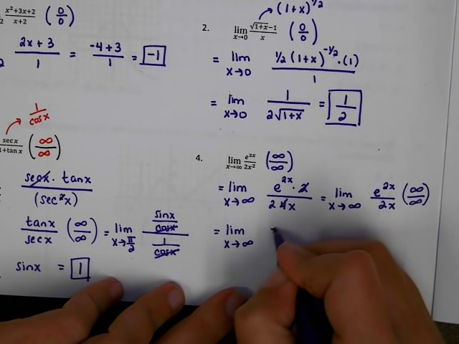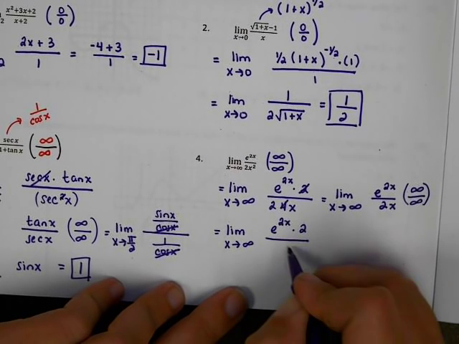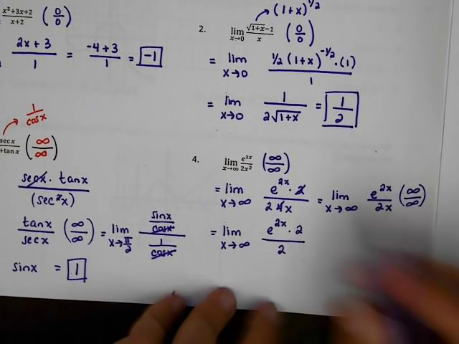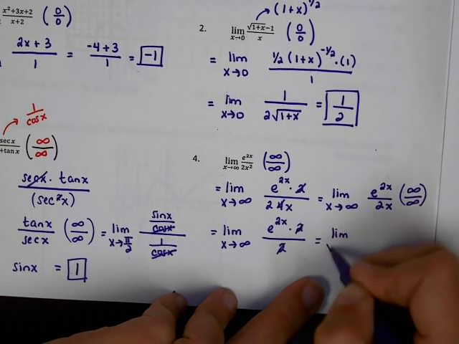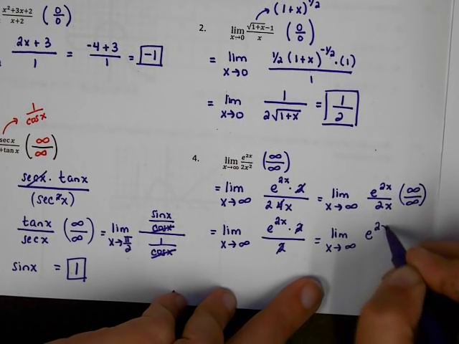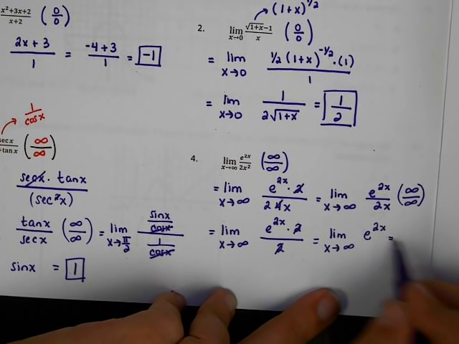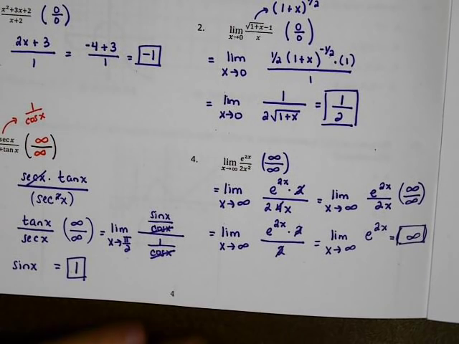The derivative of e to the 2x is e to the 2x times 2, and the derivative of 2x is just 2. So these 2's cancel, and I get the limit as x approaches infinity of just e to the 2x, which if you plug in infinity is just infinity. And that would be your answer.